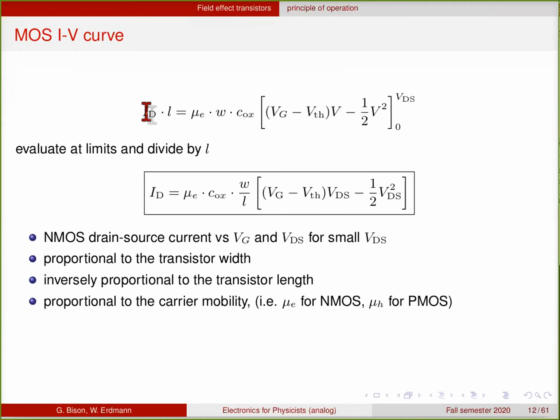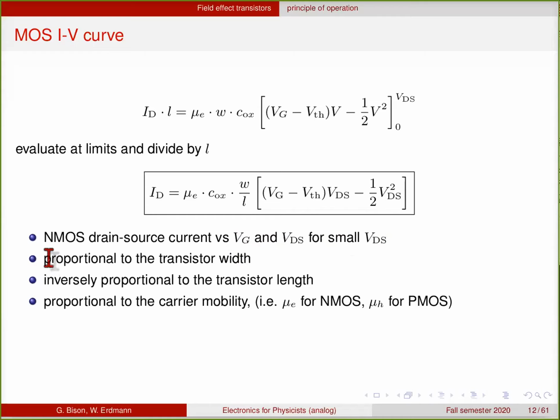So drain current times L is the mobility times width times capacitance times this expression. For 0, this becomes 0, so we simply have the drain source voltage here. So now we have the NMOS drain source current as a function of the gate voltage and the drain source voltage, for not too large drain source voltages.